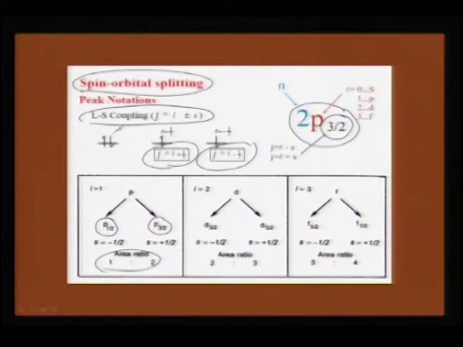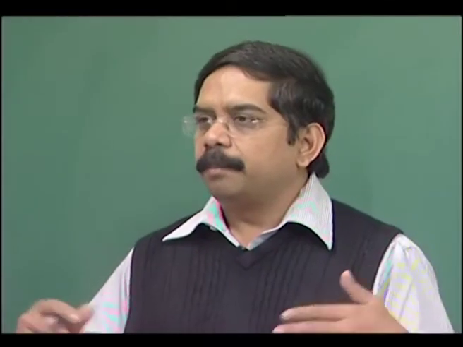Similarly, between 3d 3/2 and 3d 5/2, you will have an intensity ratio of 3:2, and the same is the case for 4f electrons: 4f 5/2 and 4f 7/2 will have a ratio of 3:4. So, looking at this, we can easily map even without a notation. Looking at the area under the peak, we will be able to immediately say what sort of peak we are looking at.